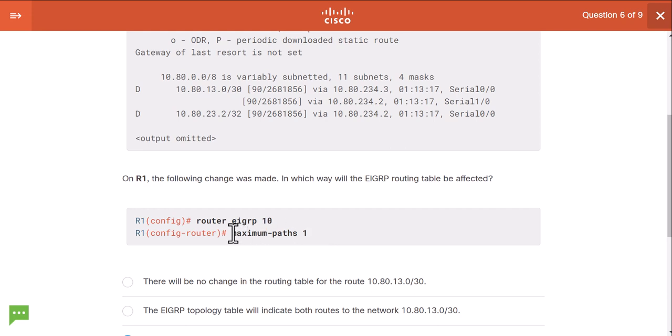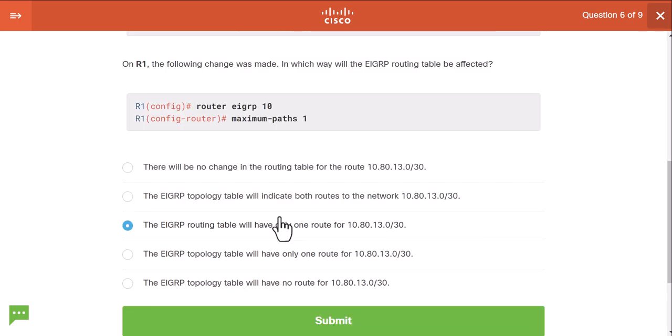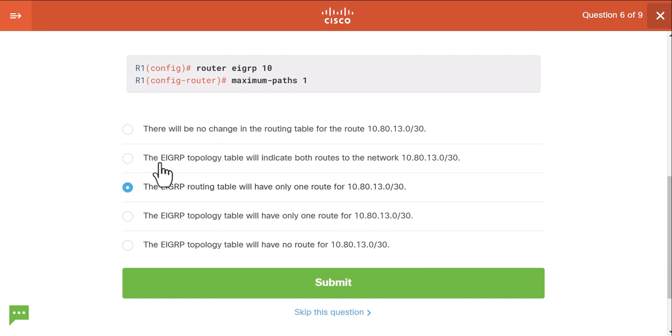Or it will keep all possible alternate routes in the topology table, and it will only limit the amount of routes which are put into the routing table, which is actually this option. The EIGRP routing table will have only one route for this address. Okay, I hope so. This answer is also kind of correct, I guess. The topology table will still indicate both routes to the network. Okay, I hope this is correct.